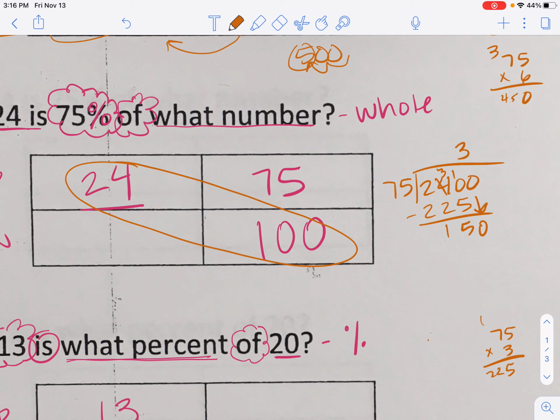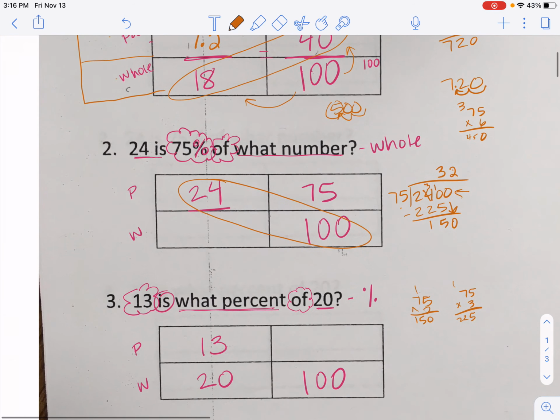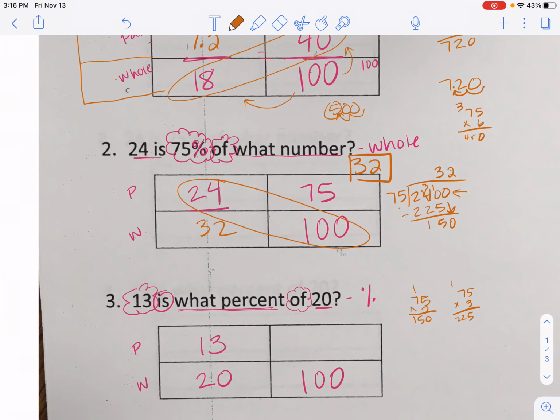Let's try 75 times 2. All right, 10, 14, 15, perfect. All right, goes in 2 times. So my answer right here is 32 because I cross multiplied and got this number, and then I divided by the lonely guy, which was 75, and my answer is 32. So I know that 24 is 75% of 32.